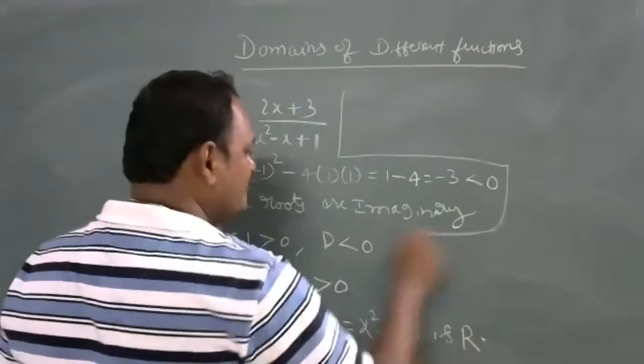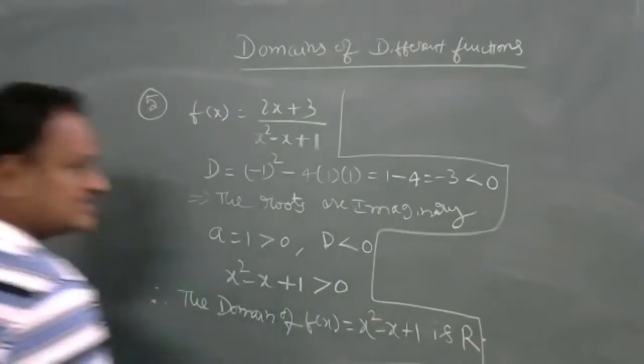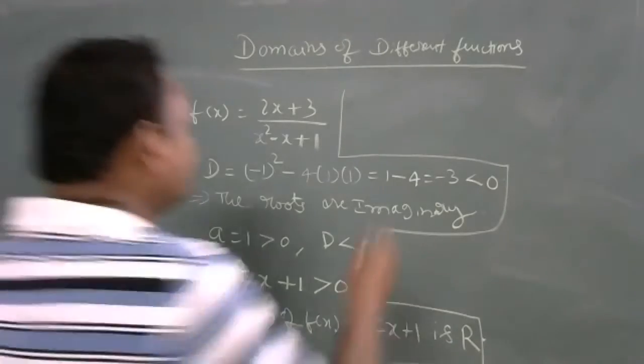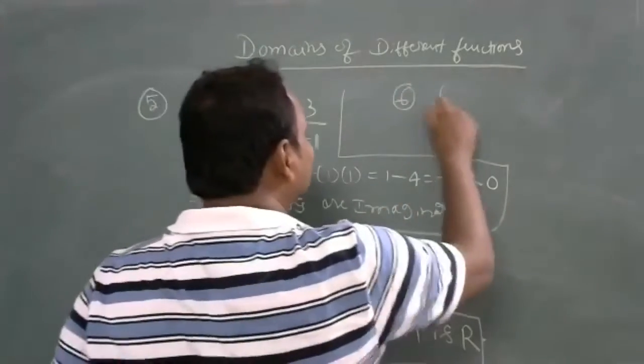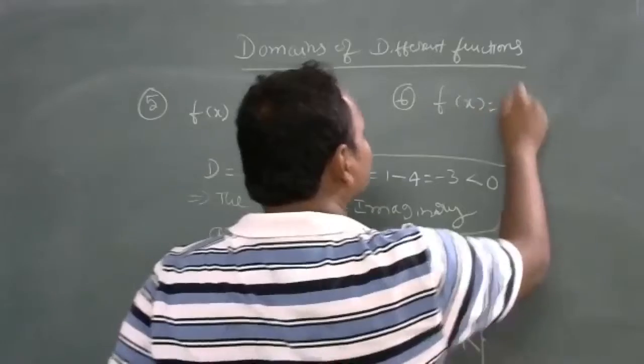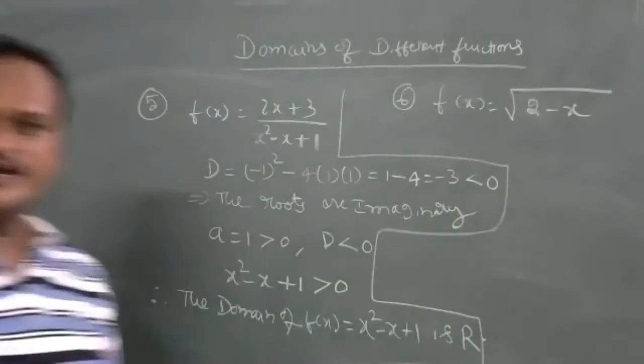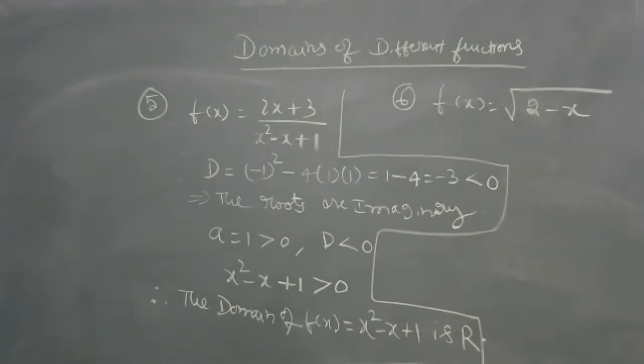This is one thing we have here. Now let us discuss one more problem. What is the domain of f of x equal to square root of 2 minus x? This is the different type of problem we are going to discuss. What will be the domain of this?